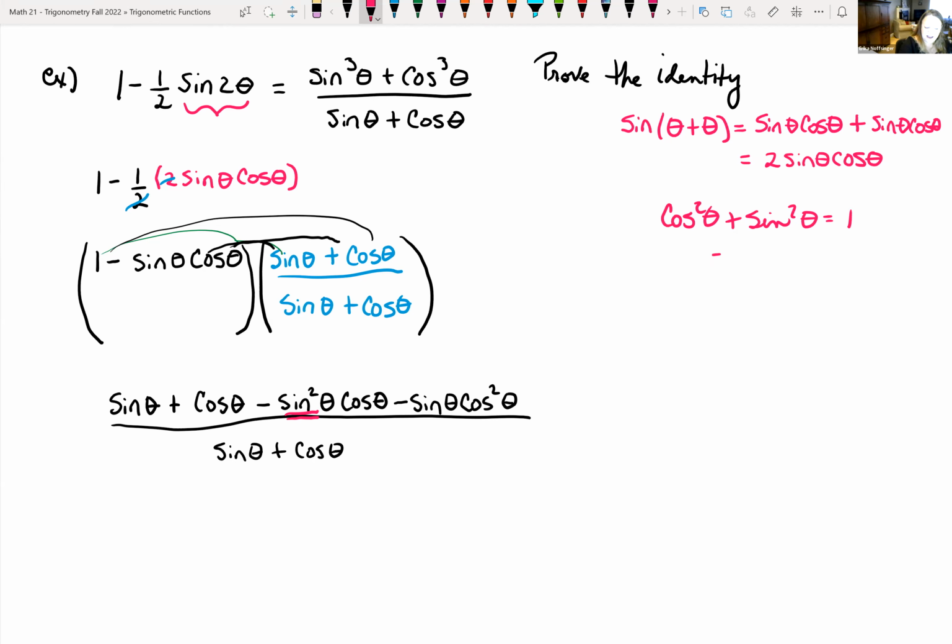I could do that by rewriting that identity as sine squared theta is equal to 1 minus cosine squared theta. I can do the same thing by solving for cosine squared theta. We can also write cosine squared theta as 1 minus sine squared theta.